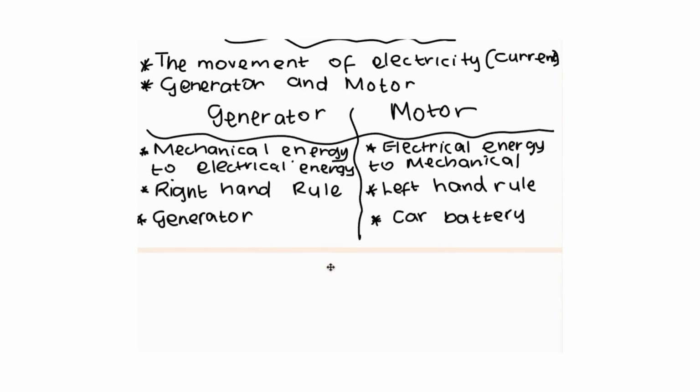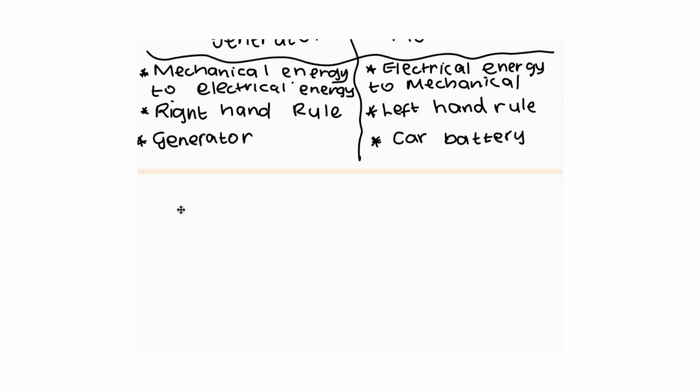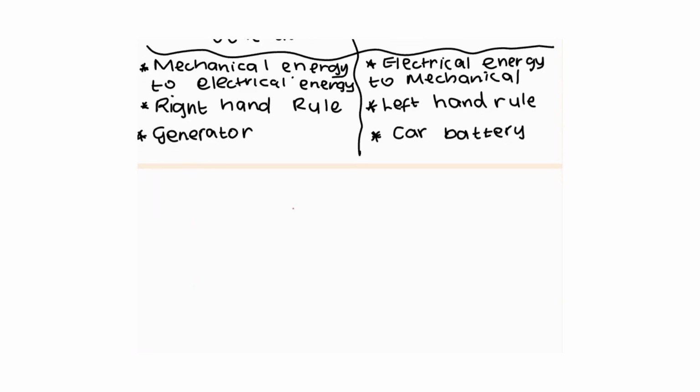Okay, so now let us look at just a structure of a generator and a motor, just to show how mechanical would be converted to electrical energy and how electrical energy would be converted to mechanical energy in both structures. So starting with a generator.